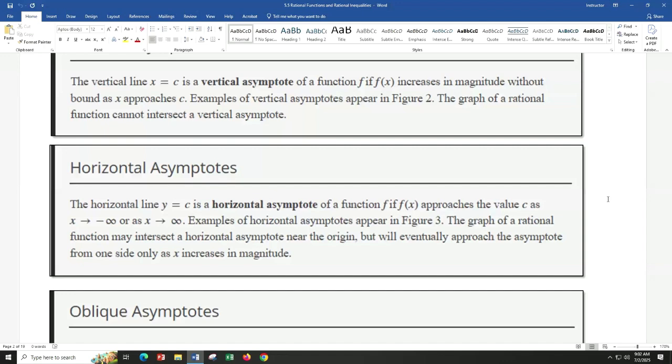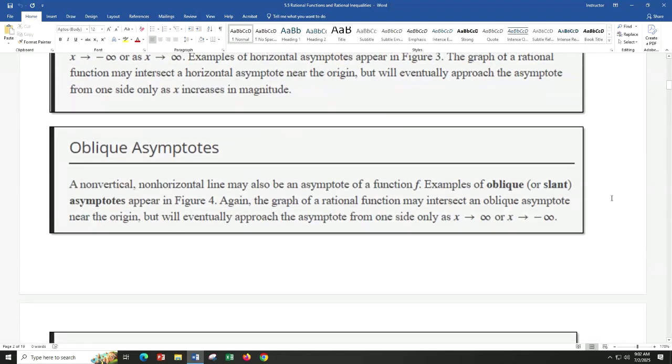Oblique, slant. The more annoying ones. A non-vertical, non-horizontal line. I love our math terms. Because I'm like, not vertical and other than. No, some math you got. No, we got to make this sound even harder.